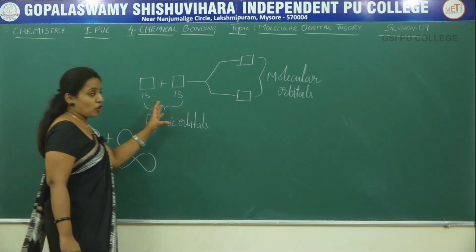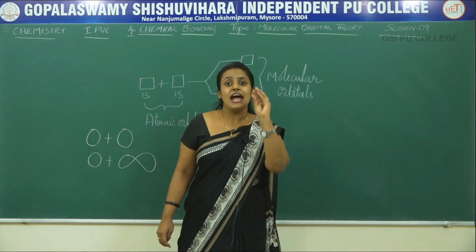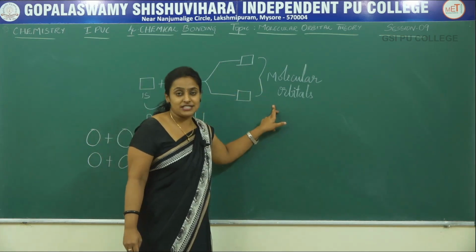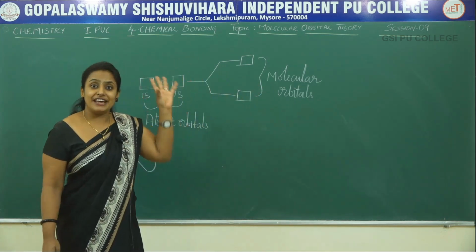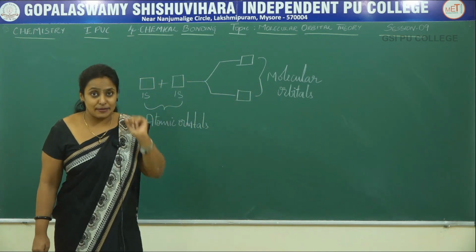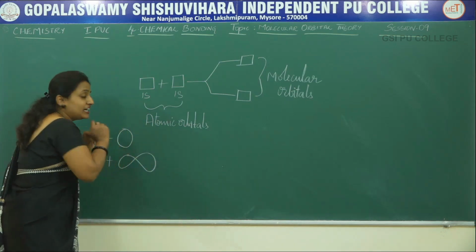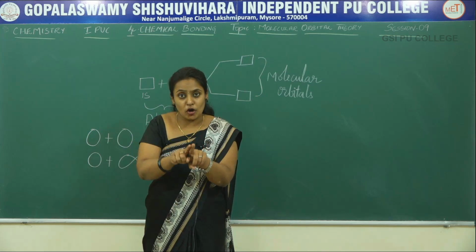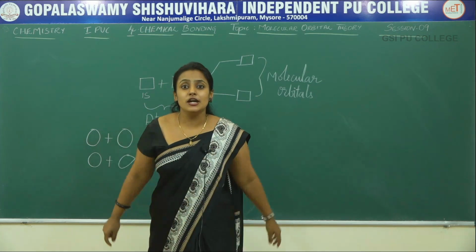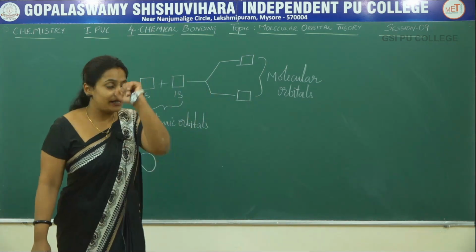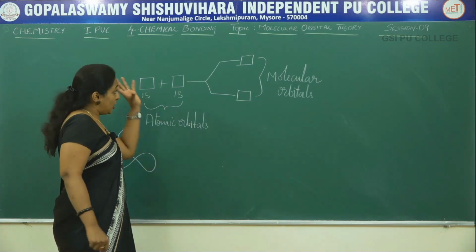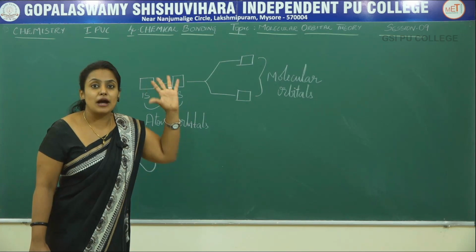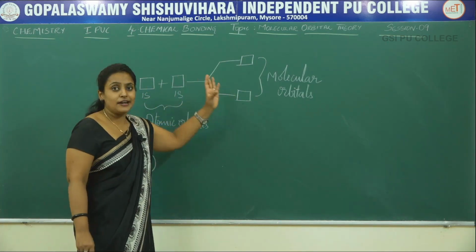So, the atomic orbitals of the same energy and same shape can combine to form molecular orbitals. But when you observe valence bond theory, there in hybridization, two different atomic orbitals could combine, that is s and p atomic orbitals will intermix with each other to form hybridization. But in molecular orbital theory, the atomic orbitals of the same energy and same shape combine to form molecular orbitals.